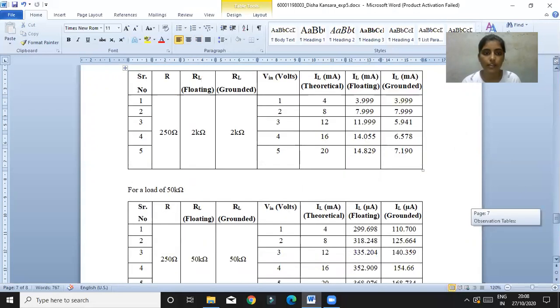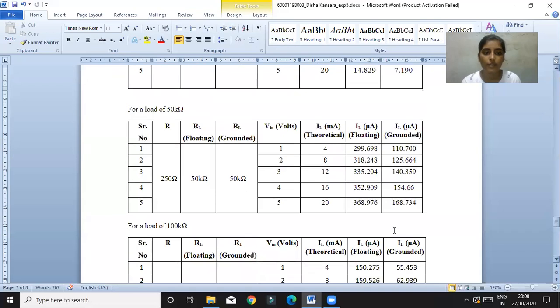For the 50 kilo ohm load resistor, for both floating and grounded, I applied 2 volts, 3 volts, 4 volts and 5 volts, and I get the theoretical and practical output in microamps.